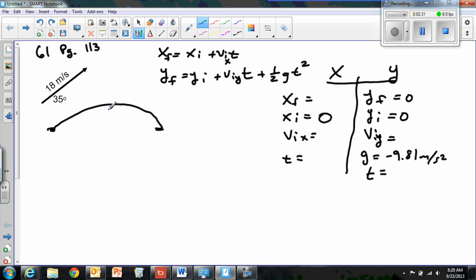So we get our calculators and we're going to find an X velocity, and we're going to find a Y velocity. The blue line, of course, is 18 meters per second times sine of 35 degrees.